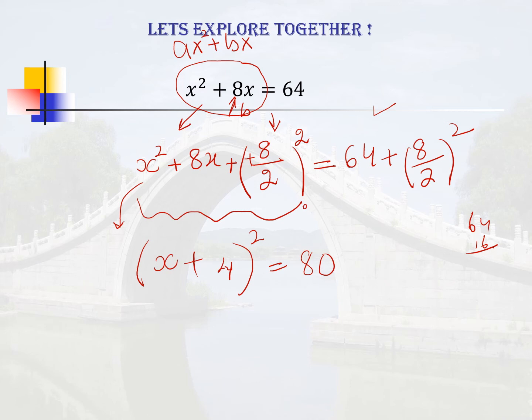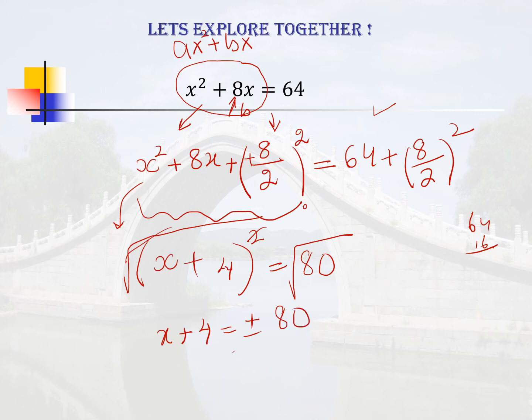Okay, now solve for x. Remove this square. By taking the square root, you can easily remove the square. So you will get x plus 4. Make sure that when you take the square root, always two answers come, in the form of plus and minus.